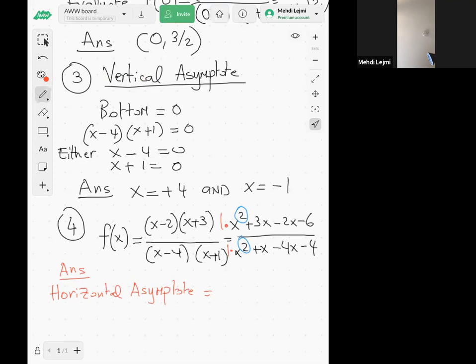So it's going to be 1 over 1, which is equal to 1, right? That's because I have 1x squared here and 1x squared in the bottom. If it was like 2x squared in the top and 3x squared in the bottom, that would be 2/3. So you take the ratio of the leading coefficients. That's my horizontal asymptote, and then I guess the difficult part here is to graph.